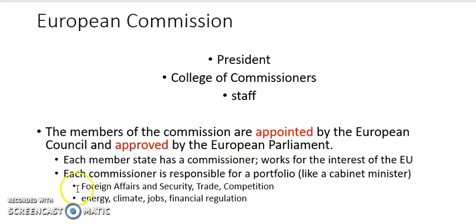So, for instance, these matters are given to specific people: foreign affairs and security, trade and competition, and the rest, the 24 other commissioners, would be in charge of one of these things. Each one of them would be in charge of one.